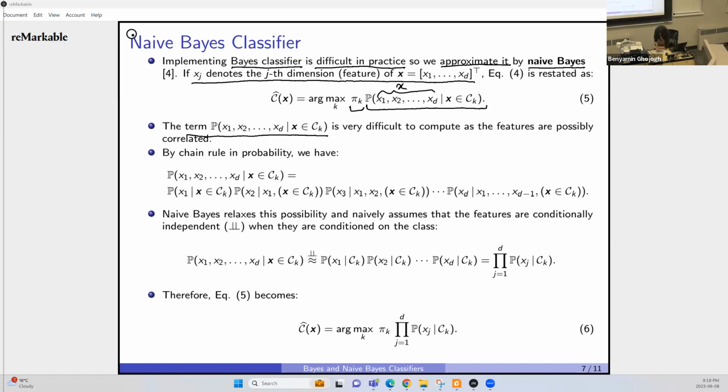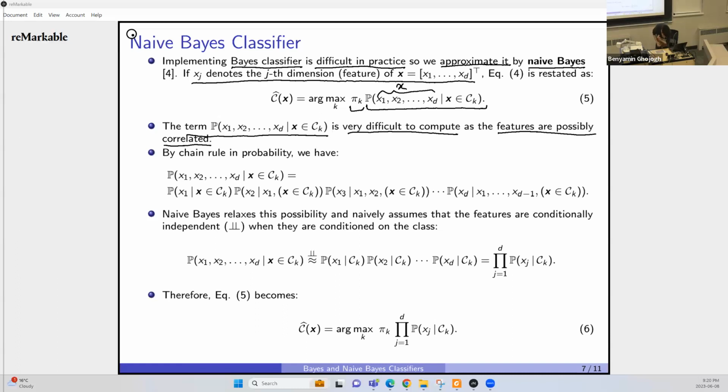This term is very difficult to compute. Do you agree? What does it mean? If x belongs to the kth class, what is the joint probability of all of its features? Hard, as the features are possibly correlated.